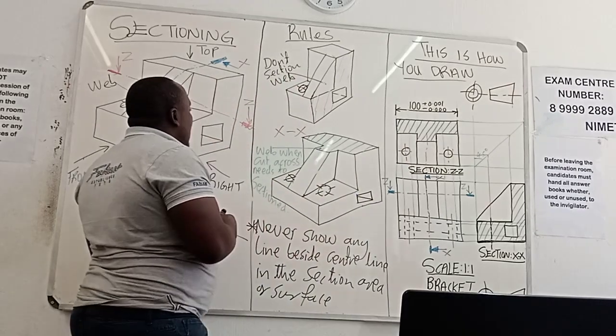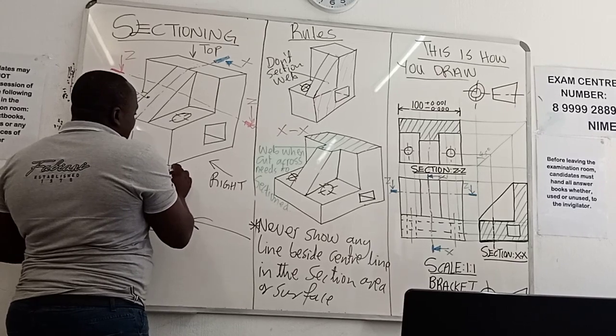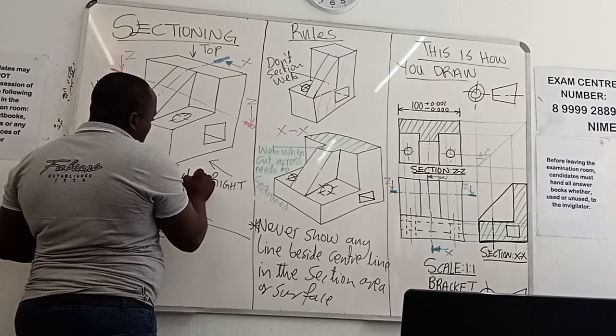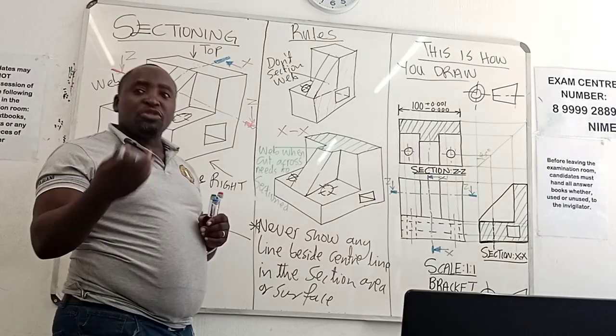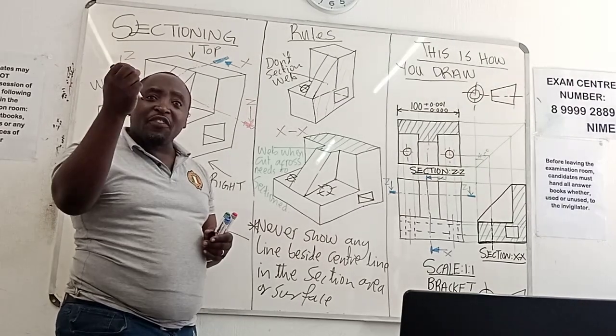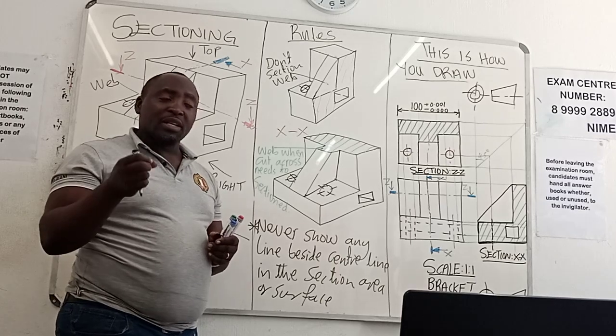The next part, they will tell you that this surface below is to be machined. We are going to discuss how you represent this, but I just want you to know that whenever you see this information, don't take it lightly. It must be shown.